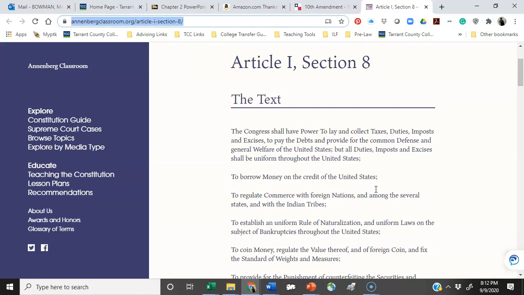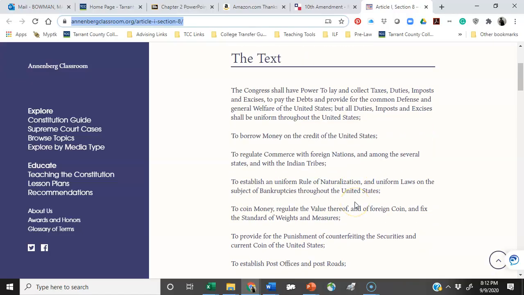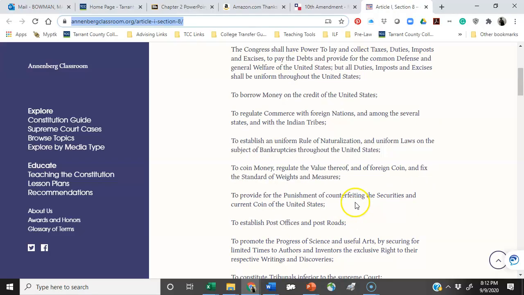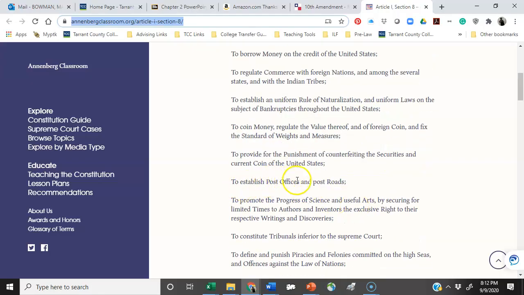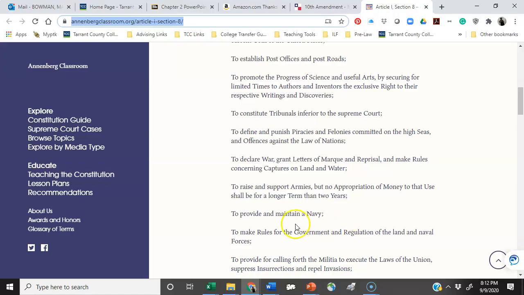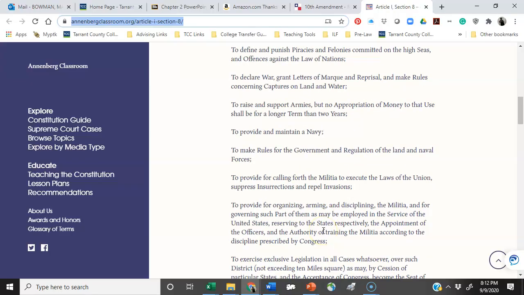And they put that in because Indian tribes were recognized as a completely separate entity from the states where they were located. The federal government has the power to coin money. It has the power to provide for punishment of counterfeiting, to establish post offices and post roads. It is very explicit to provide and maintain a navy, to make rules for the government.